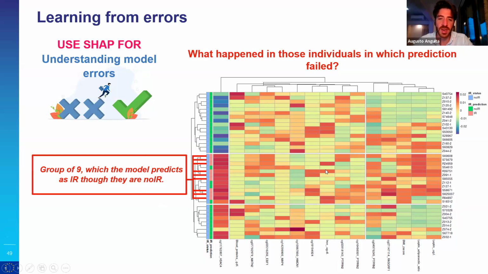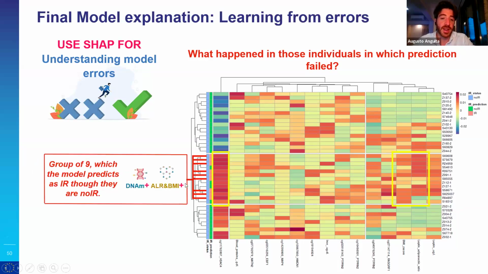And what we see here is that in the prepubertal state, both DNA methylation and BMI had values typical of insulin-resistant kids. So this is why the model decided to put them into the insulin-resistant class, because they are exactly the same as insulin-resistant kids.